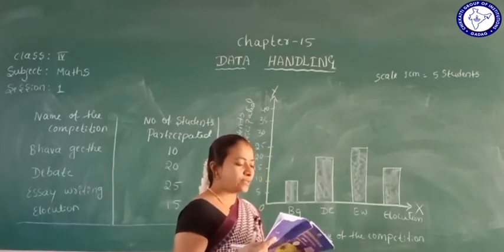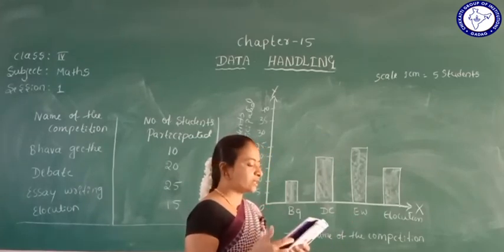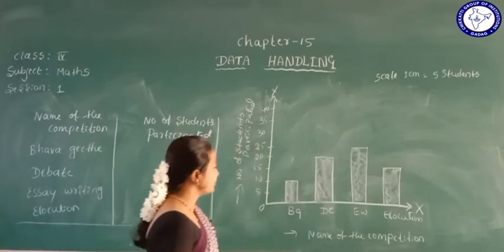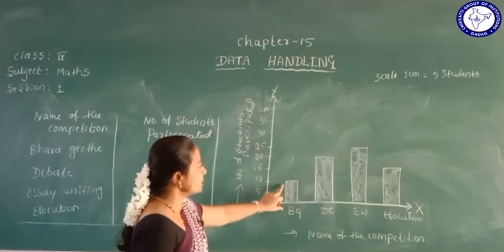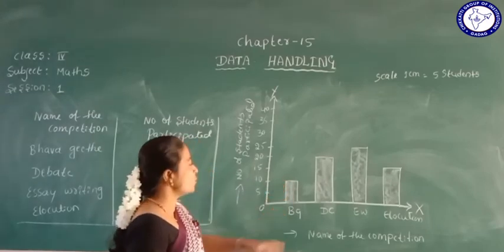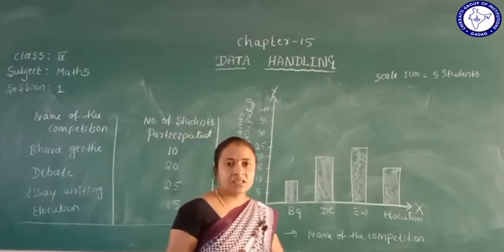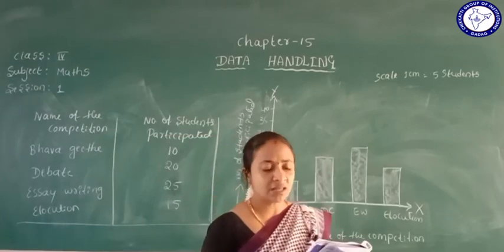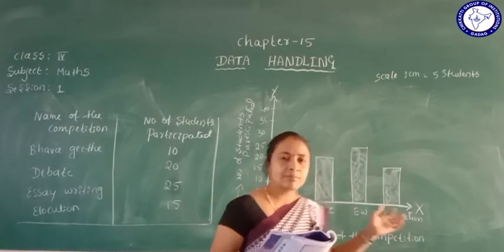In which competition did the minimum number of students participate? The minimum number is 10, the least, so that is Bhavagite.